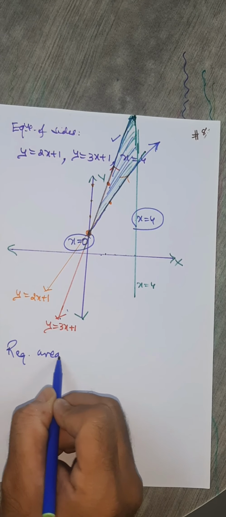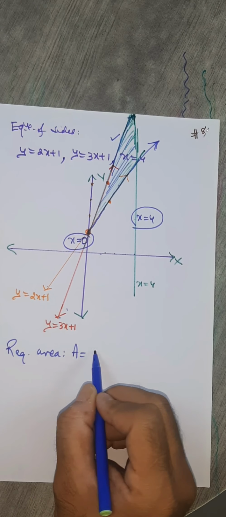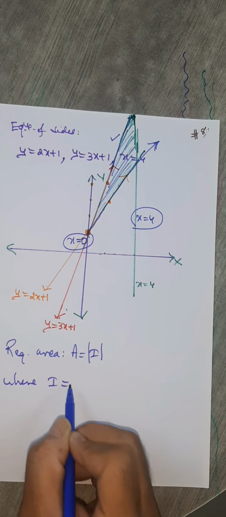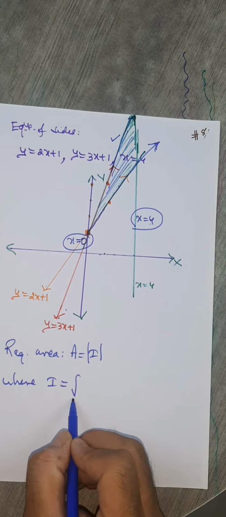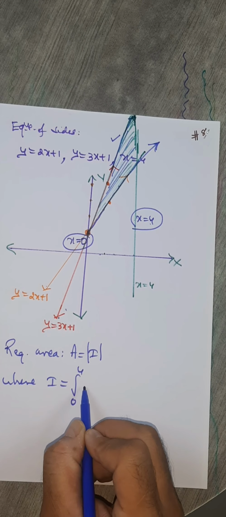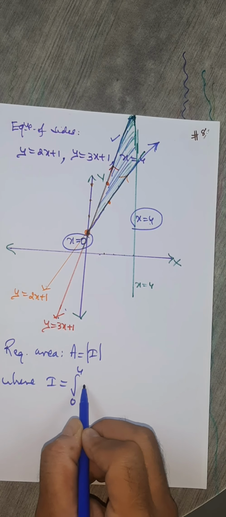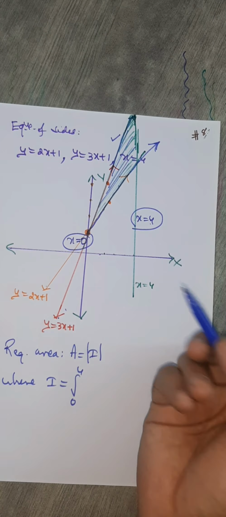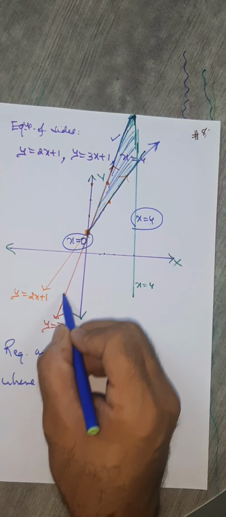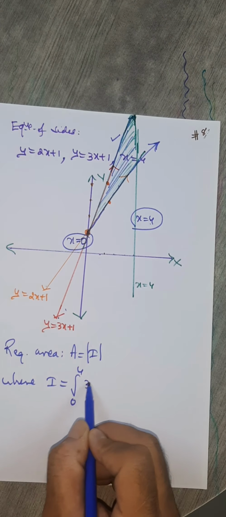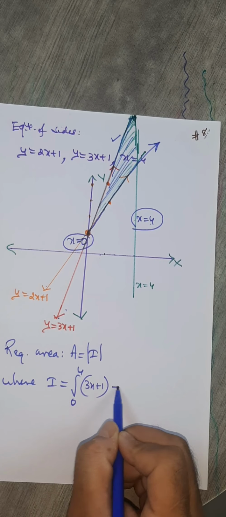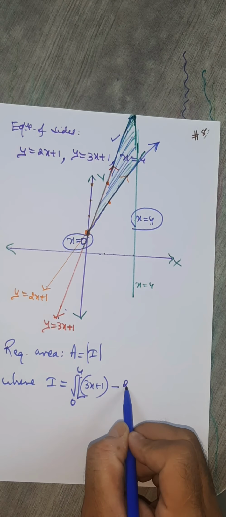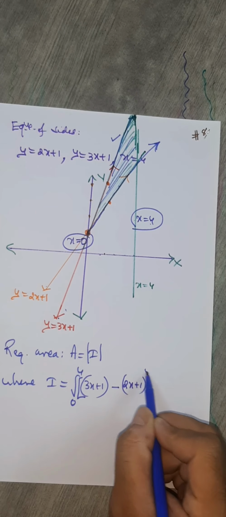So required area, that is A equals to modulus of I, where I am writing I equals to integral from 0 to 4, bounded by, you know here which line. You can call this as ABC for example, or you can directly bounded by this line, that is 3x plus 1 minus this one. इससे जो बाउंड हो रहा है उसको subtract कर दो, that is 2x plus 1 dx.